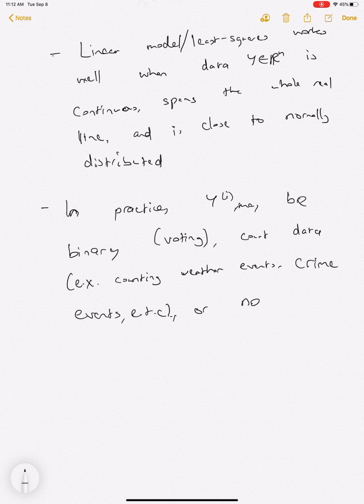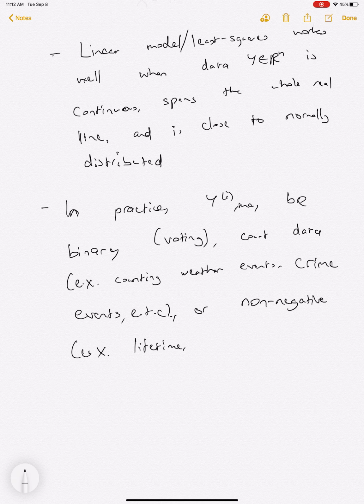Or non-negative. So like the normal distribution, the range of the normal distribution is negative infinity to infinity. But often in practice, you might have non-negative data. For example, like lifetimes. Lifetime is clearly going to be a positive quantity.